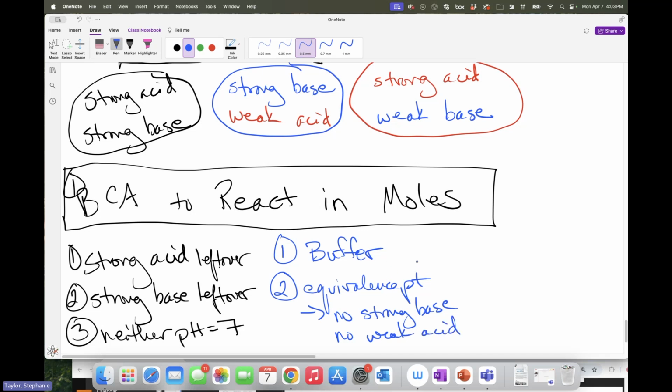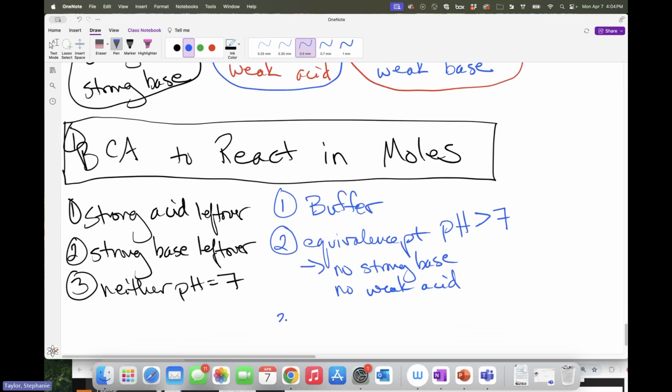If you're at that equivalence point, all you have left over is a weak base, so your pH is greater than 7. End of story. That's what you have to have. Or the last one, you could have the strong base left over.